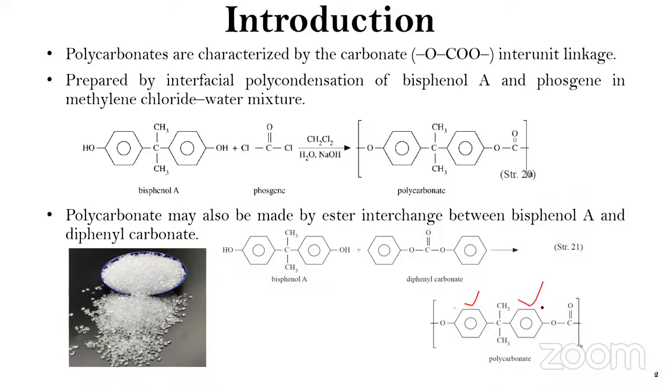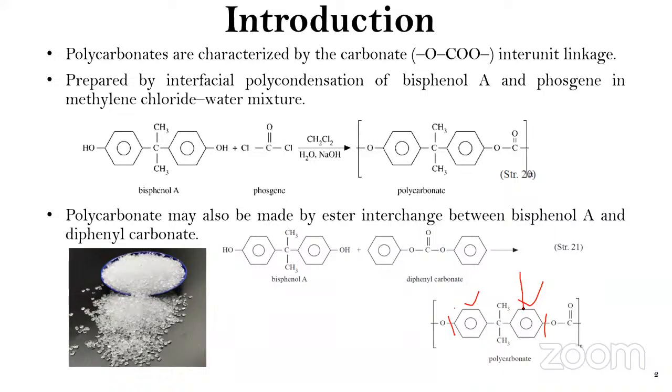Due to these two benzene rings, we get a lot of advantages: they are heat resistant, they sustain very worst weather conditions, they have more plastic region, and they have high impact strength. But this benzene ring has a double bond.